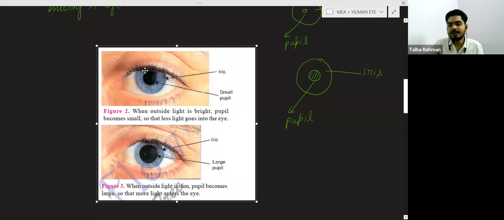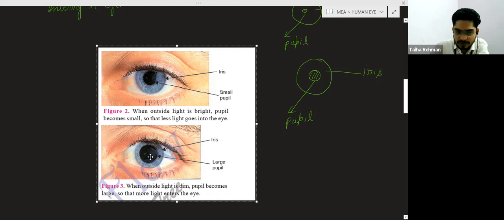Because this eye is at some place where more light is entering the eye than required, and here the size of the pupil is large because this eye is somewhere outside, in a region where there is sunshine, or you can say in a region where the intensity of the light is more than required.